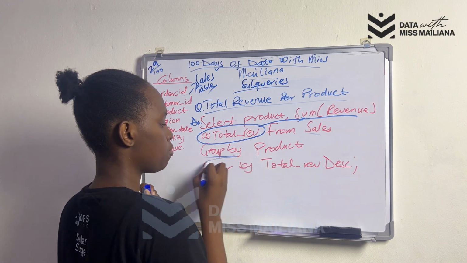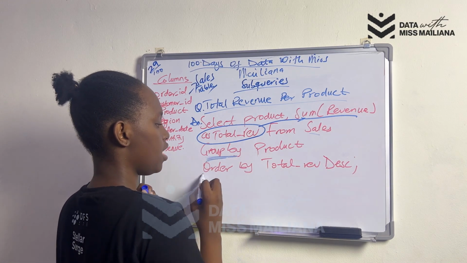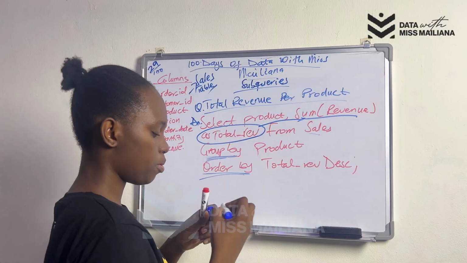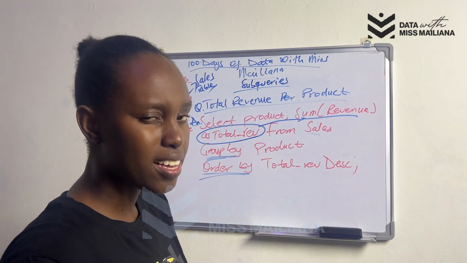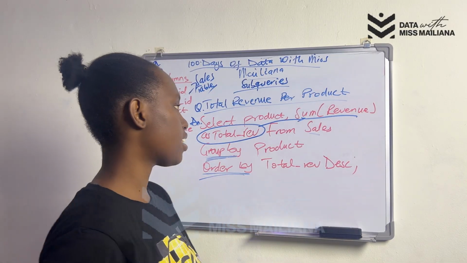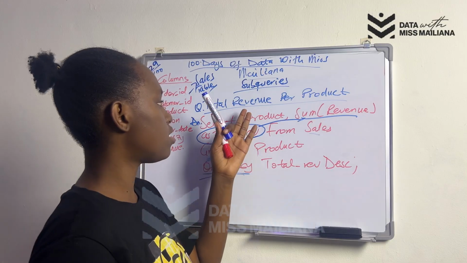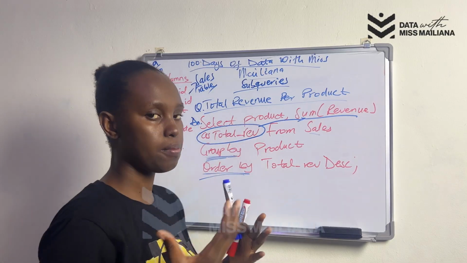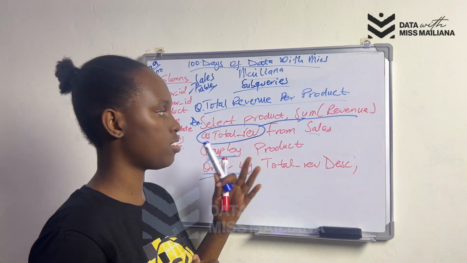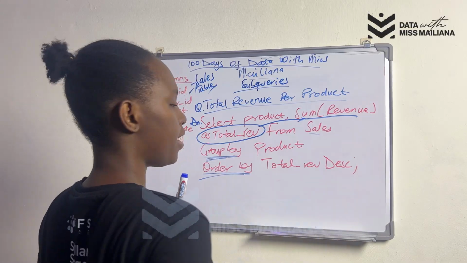Then we group by, and then we order by. So when you go for an interview and someone asks you, you can speak about it in this format. This is the very first query we've learned.